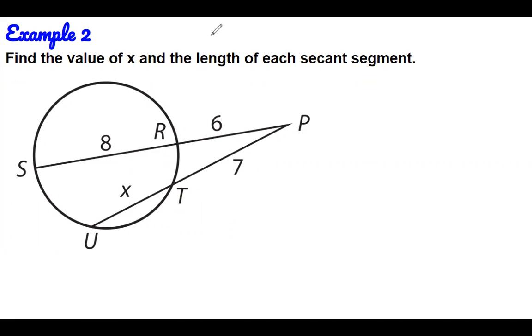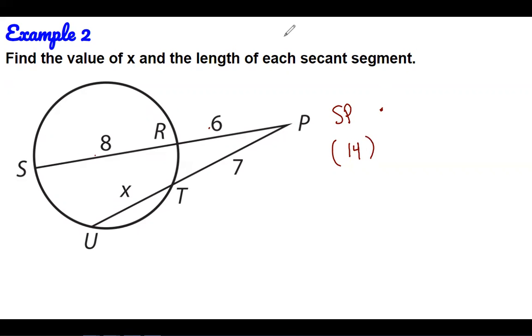All right, so let's go ahead and set up my equation. I have a secant and a secant. What is the first secant that I have here? SP. What is the measurement of SP? 8 plus 6, which is 14. Now, this is going to multiply by the exterior piece of that secant.